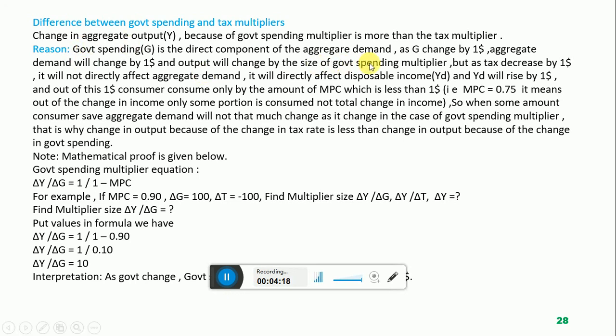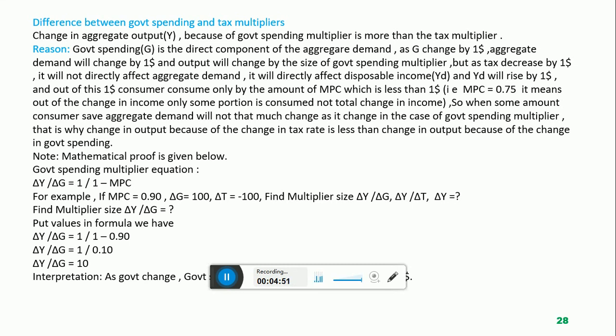MPC is the marginal propensity to consume, which is equal to 0.75. This is consumption out of $1, the amount that the people of Afghanistan will consume out of the change in income of $1. MPC is $0.75, so $0.75 is a part of the aggregate demand, meaning aggregate demand will increase by $0.75, not by $1.